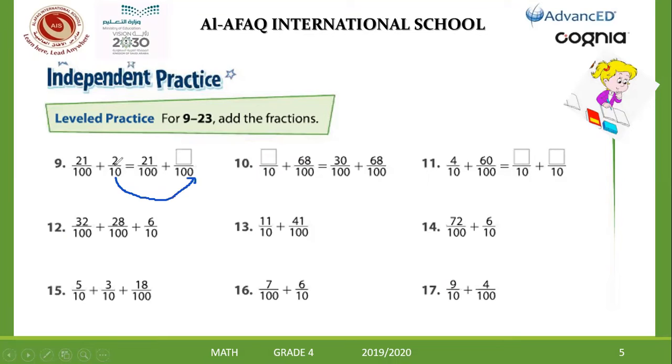So what will happen for its numerator? Its numerator also must be multiplied by 10. So 2 multiplied by 10 is 20. So by this way, we got like denominators. Now we are ready to add.